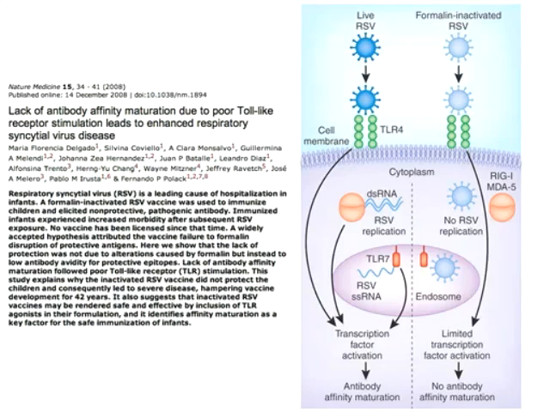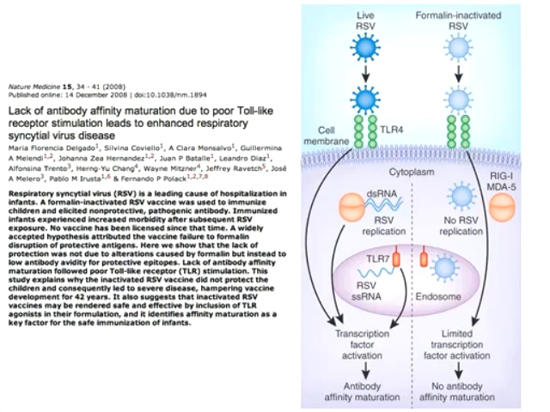And so here's the paper that described this, published in 2008. Lack of antibody affinity maturation due to poor toll-like receptor stimulation leads to enhanced respiratory syncytial virus disease. Great title, it tells you everything. So destroying this vaccine with formalin made it a really poor TLR ligand.